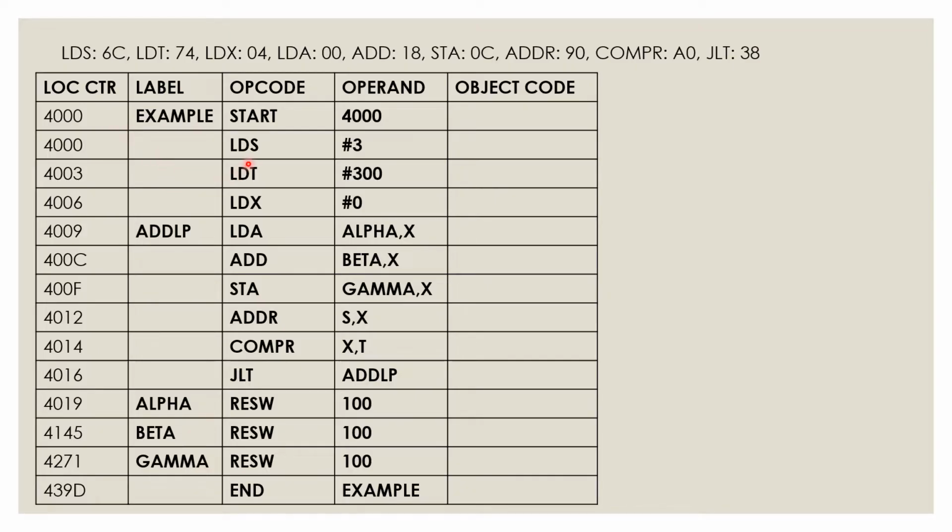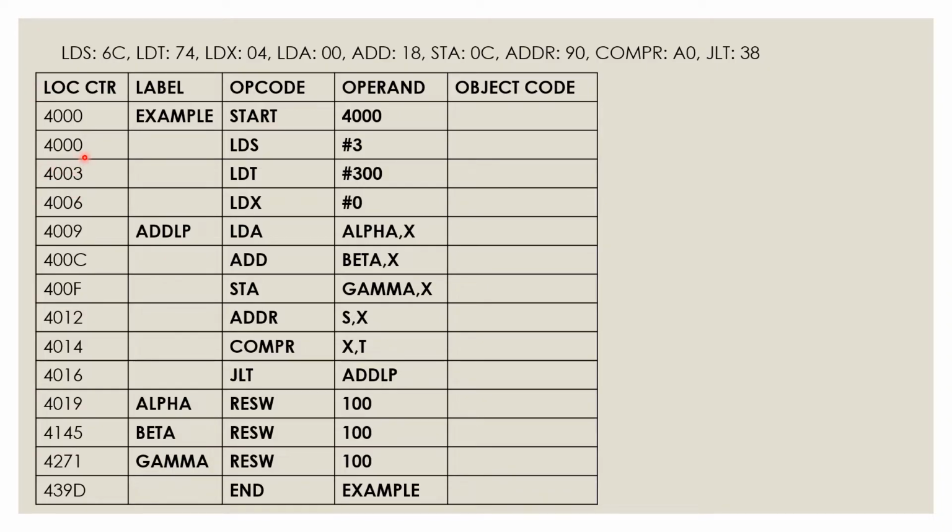From LDS #3 to STI gamma X, these instructions are purely not acting on registers, so they can be either format 3 or format 4. If any mnemonic is preceded with a plus, then it is format 4, or else it is format 3, for which we allocate 3 bytes in the location counter.